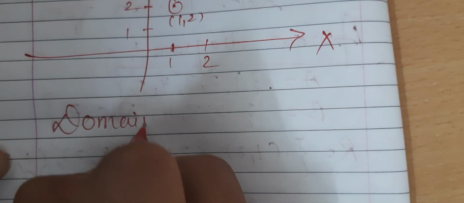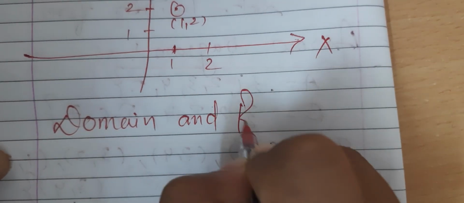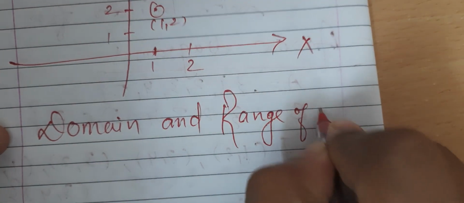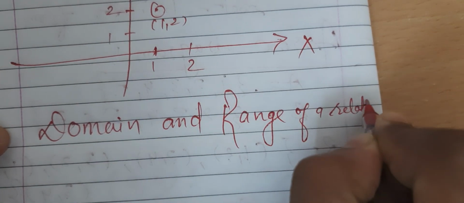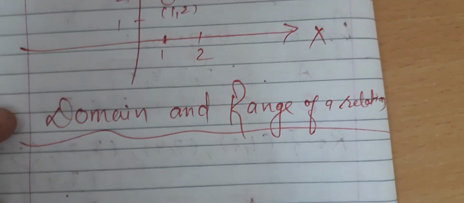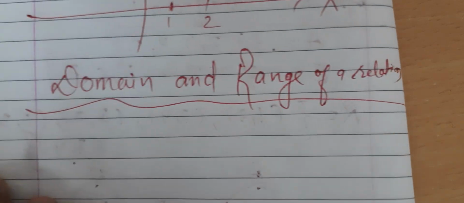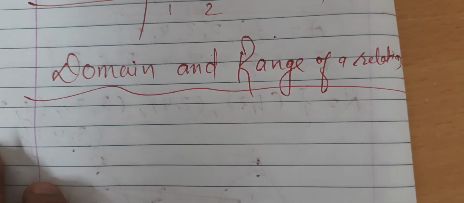Now next comes something very important: domain and range of a relation. What is the domain and range of a relation? First we will see the mathematical definition.